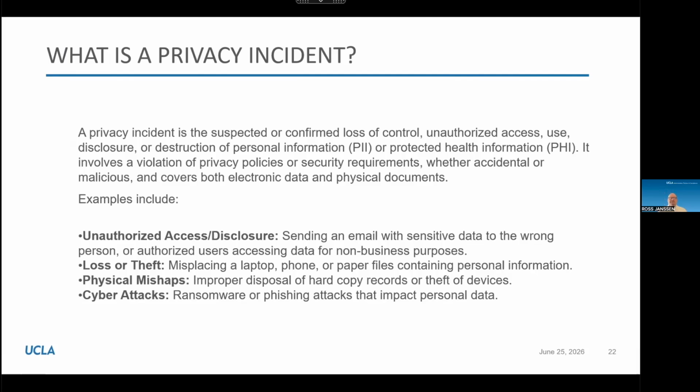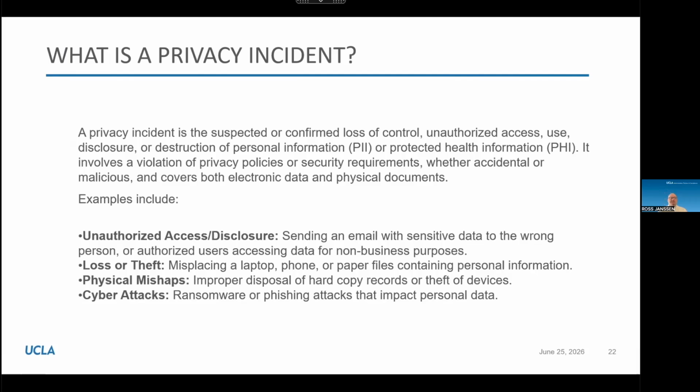Some examples of a privacy incident include unauthorized access or disclosure, like sending an email with sensitive data to the wrong person, or authorized users accessing data for non-business purposes. So if somebody's in a medical record and they're not part of the care team, that could be a privacy incident that needs to be investigated.